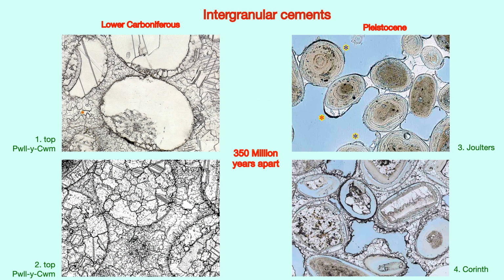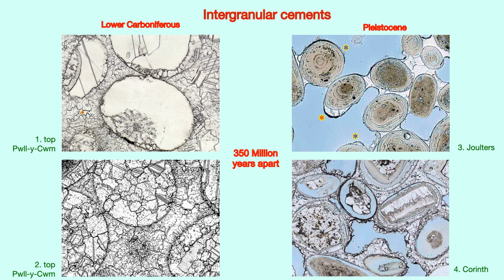Meniscus cement, illustrated here from the Jultus sample, was not recognized in the top Pulthicum sample. Its intergranular pores are filled with cement, but no curved surfaces that could have been air-water meniscus interfaces were found within this cement.